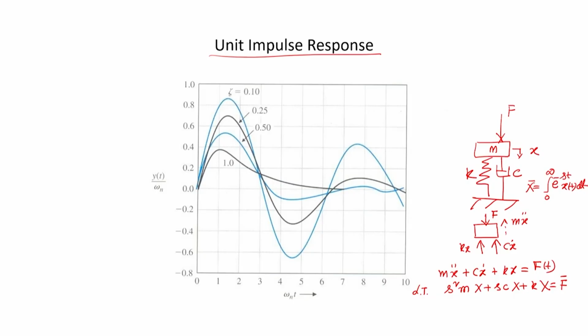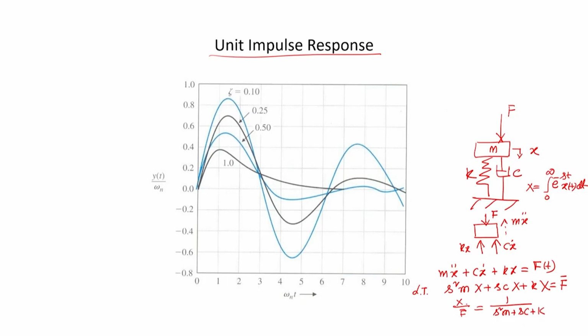So, that is my x, you can call it x itself, capital X. Now I can write the transfer function, that is X over F bar is 1 over s square m plus s c plus k. You can see that the denominator is of second order, so this is a second order system.